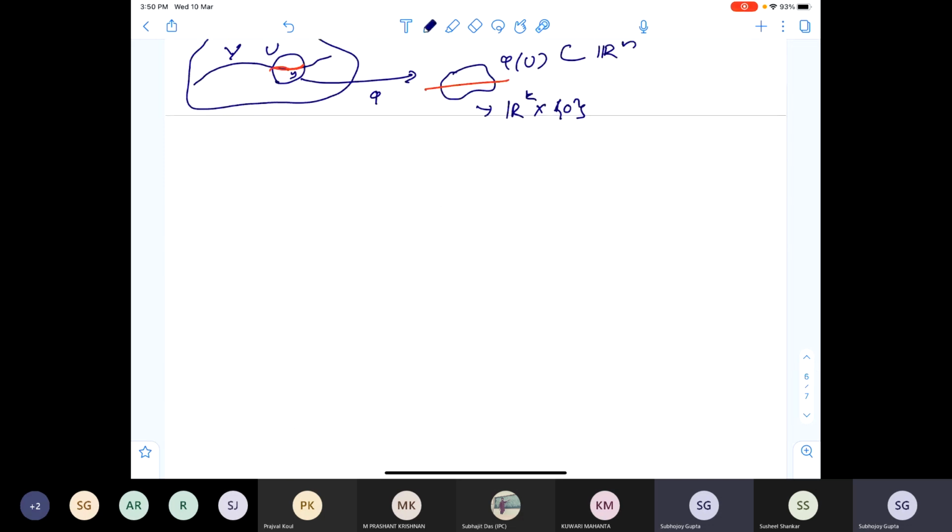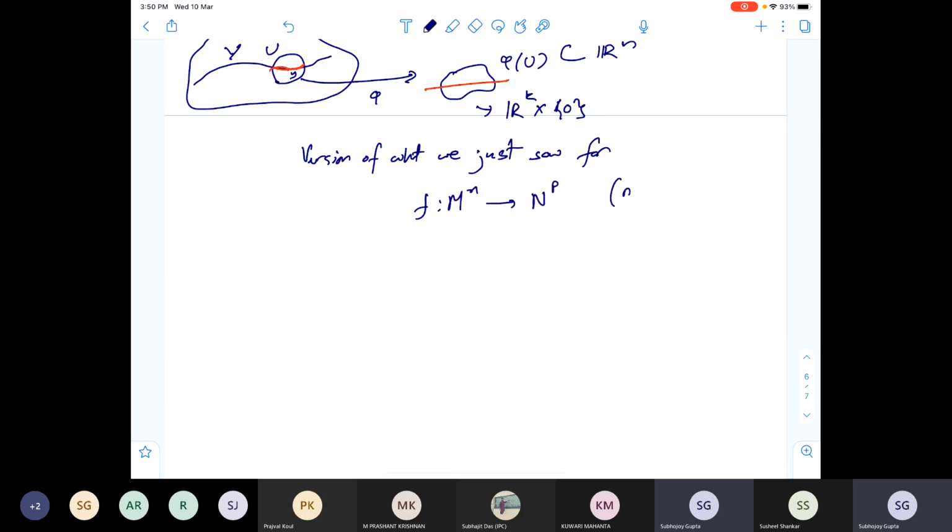Let me just say we'll see there's a version of what we just saw for smooth maps from some n-dimensional manifold to some p-dimensional manifold where n is bigger than p, and we need this property.